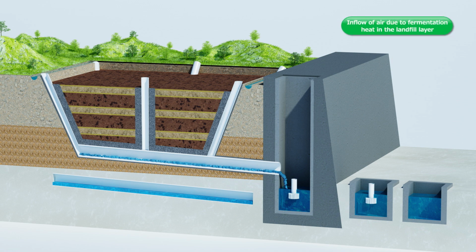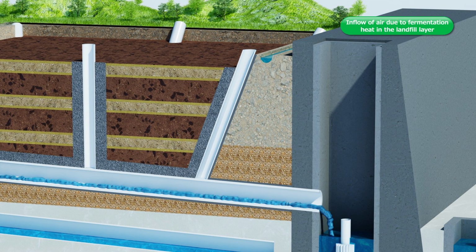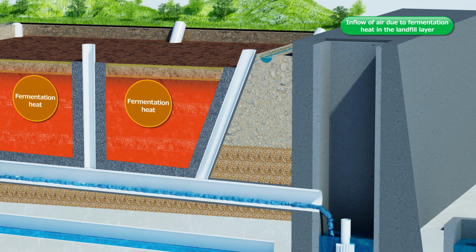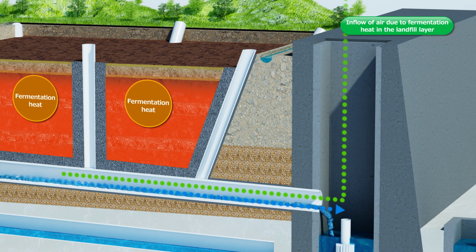Next, let's take a look at the airflow. The internal temperature of the landfill rises because fermentation heat is generated by microbial decomposition of waste in the landfill layer. In the Fukuoka method, the laying of collection and drainage pipes generates heat convection due to the temperature difference between the inside and outside of the landfill site.